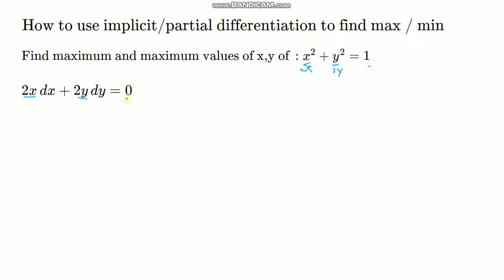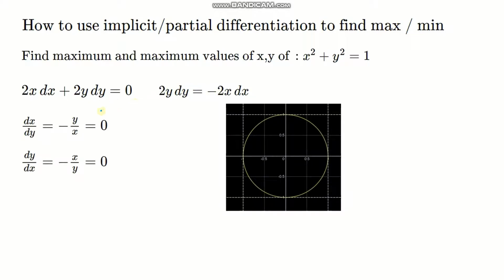Now we transfer 2x dx to the right hand side, and it becomes negative 2x dx. By rearranging our equation, we have dx over dy equals negative y over x, and dy over dx equals negative x over y. To find the maximum value of x, we need to set dx over dy equals 0.